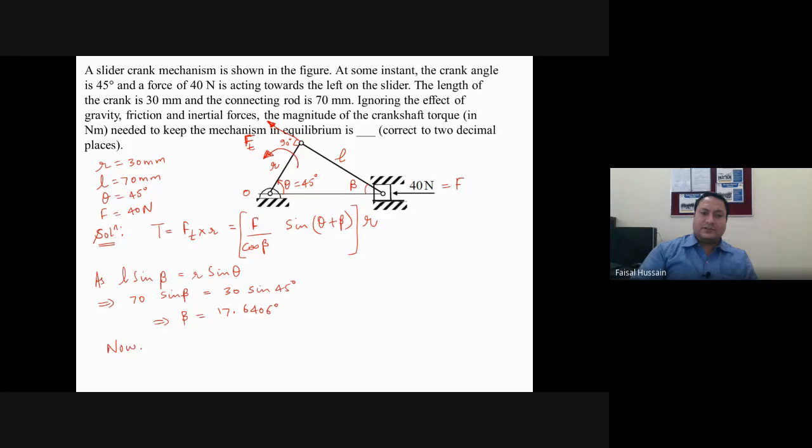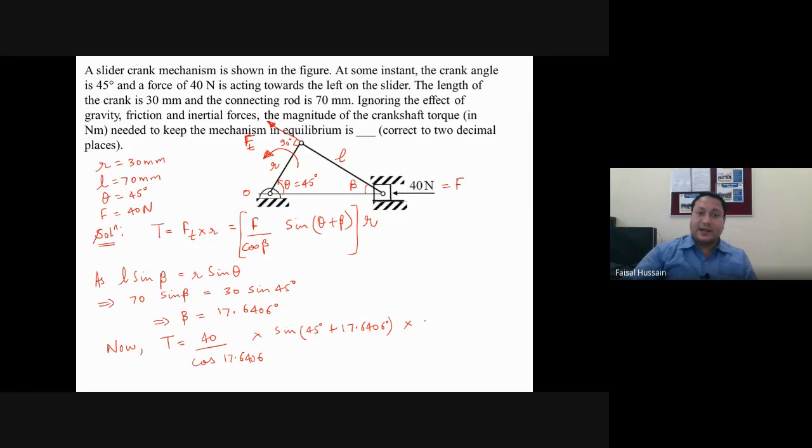Now, if you substitute, torque equals F, F is 40, divided by cos of beta, 17.6406, multiplied by sine theta plus beta. Theta is 45 degree. Beta is 17.6406 degree, into R, radius of crank.